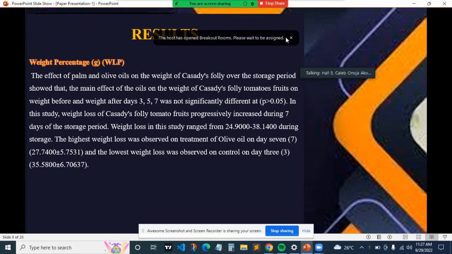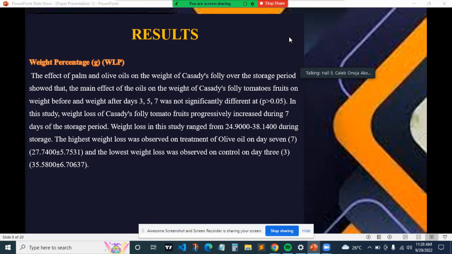So the results, yes. For the weight percentage, we discovered that as the storage period increases, the effect of palm kernel and olive oils on the weight of tomato before and after was not significantly different.